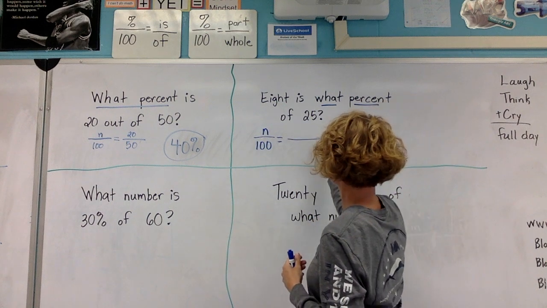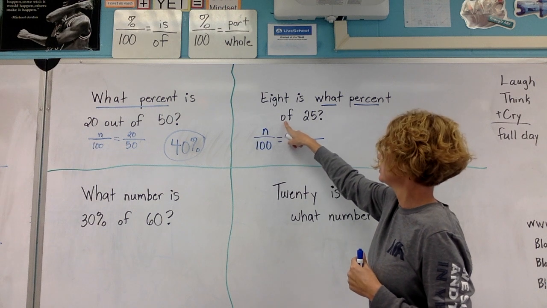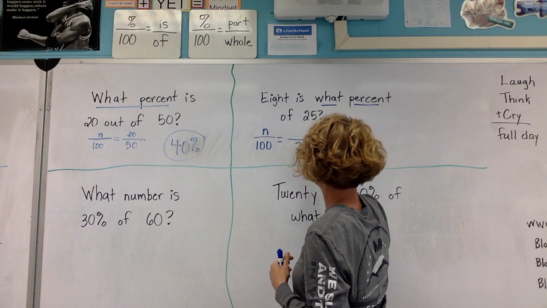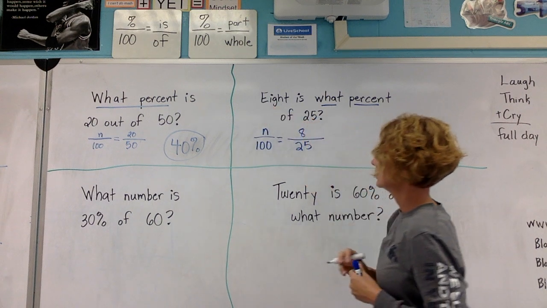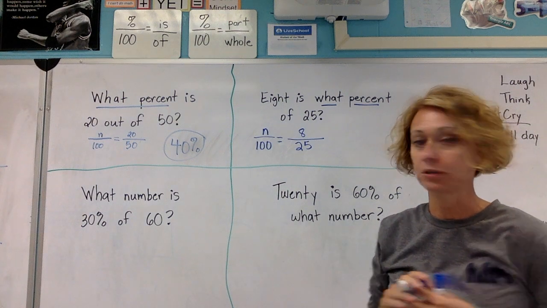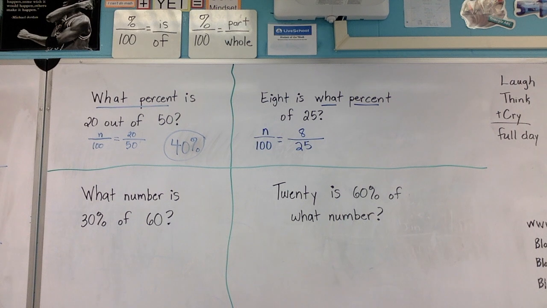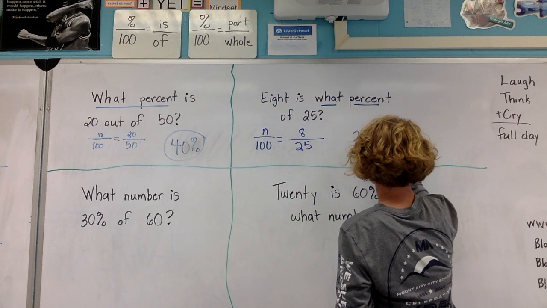I go to the word of, and the number right after it needs to be in the denominator. That's the whole amount. And the other number that I'm given here is 8. There's my proportion. I can go through and solve that by saying 8 times 100 and then divide that by 25. So my percentage in this case is 32%.